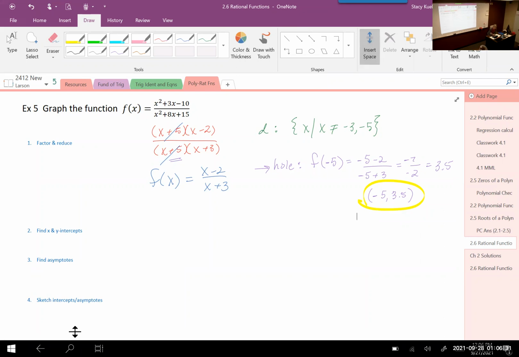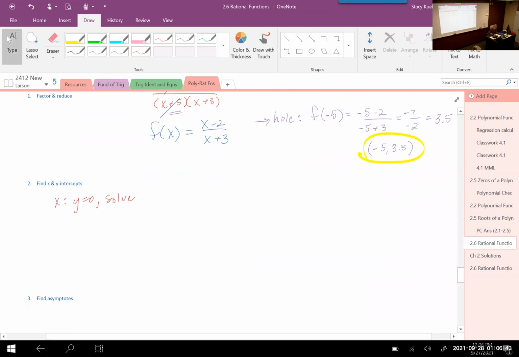So to find the x and the y intercepts, right? That x-intercept is where we plug 0 in for y and we solve. So set the function equal to 0, in other words, x minus 2 over x plus 3 equals 0.